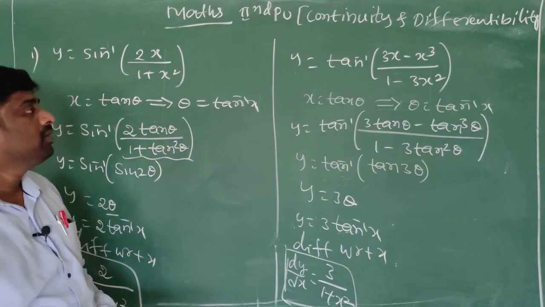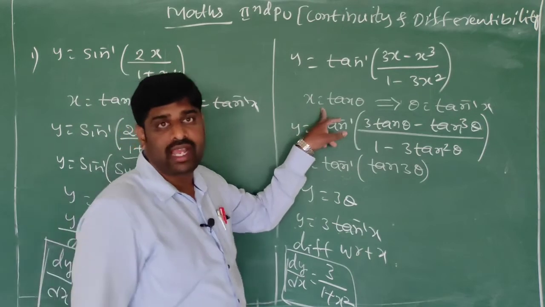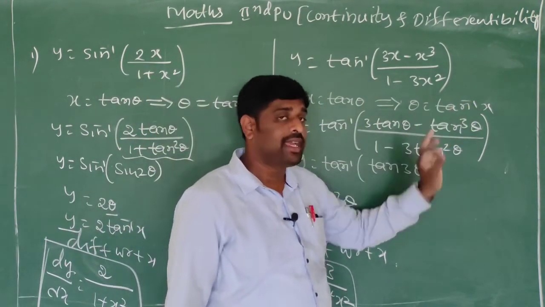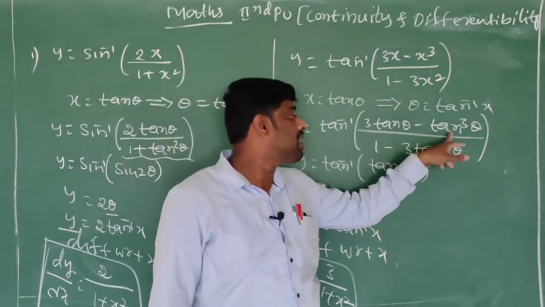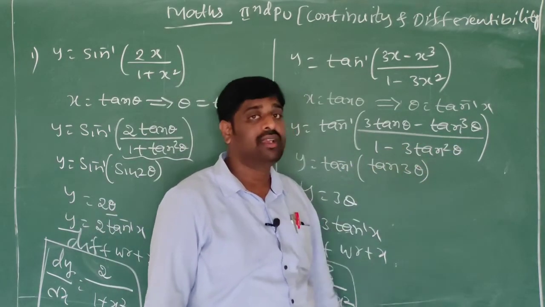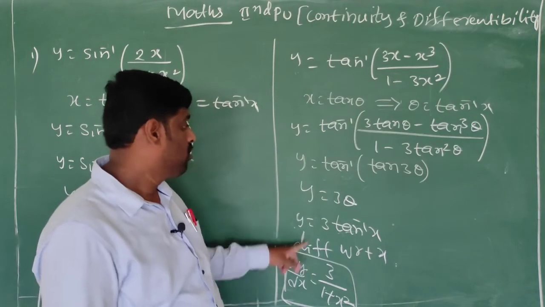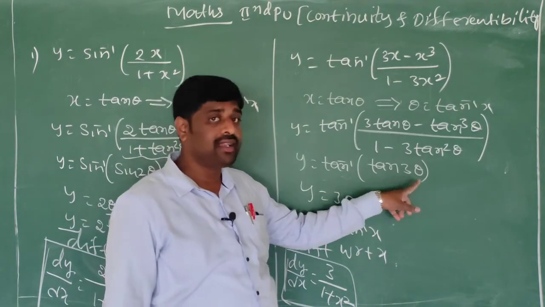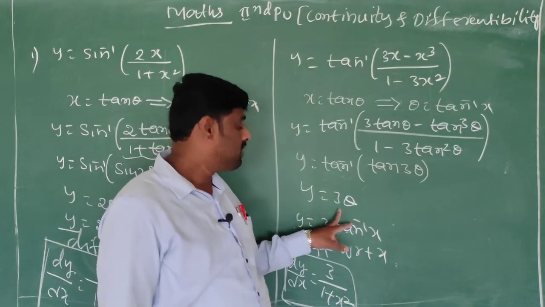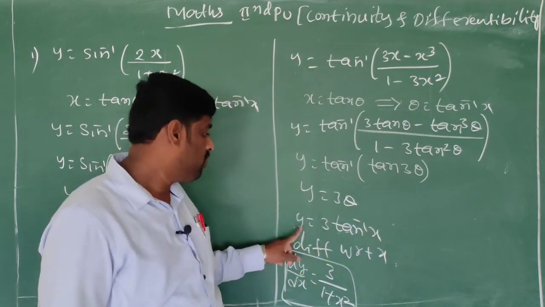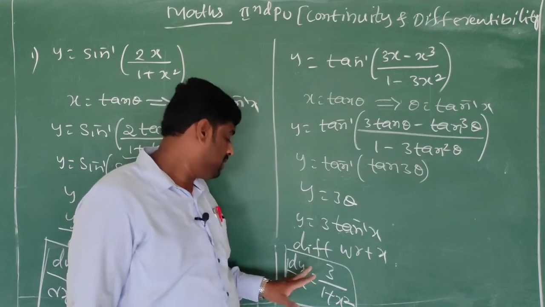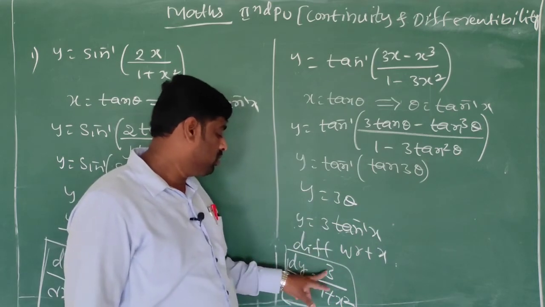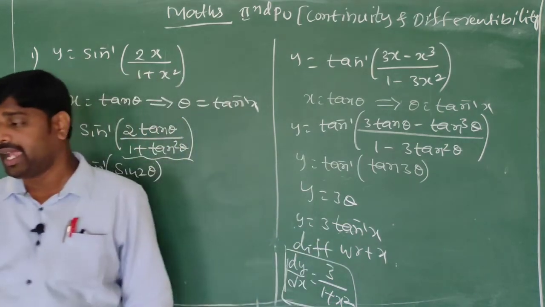So put x is equal to tan theta, theta equals tan inverse x, y is equal to tan inverse of 3 tan theta minus tan cube theta divided by 1 minus 3 tan square theta. So y is equal to tan inverse of tan 3 theta, y is equal to 3 theta, y is equal to 3 tan inverse x. Differentiate with respect to x: dy by dx is equal to 3 divided by 1 plus x square.